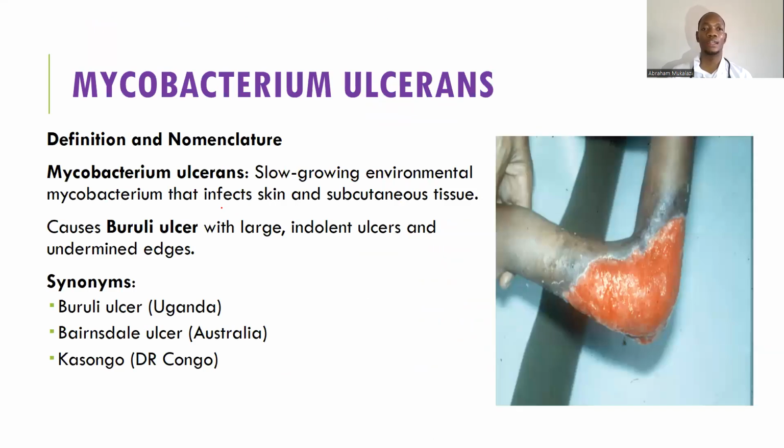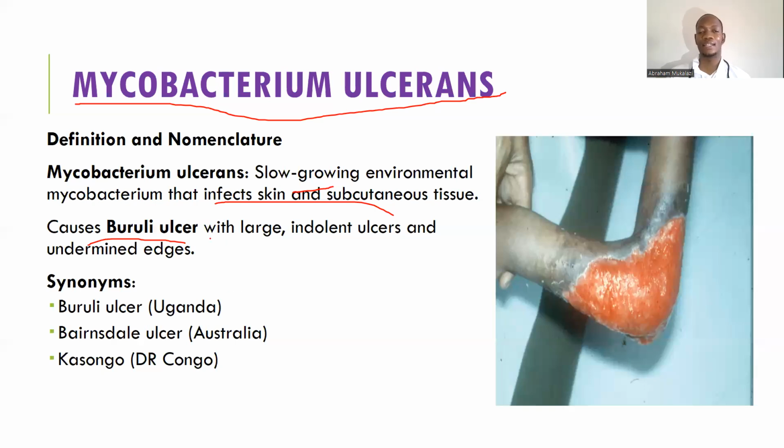To start with, we have Mycobacterium ulcerans, which is typically common and causes an ulcer we call the Buruli ulcer. Buruli is a place in Uganda, where it was also described. It is a slow-growing bacteria that loves more tropical environments, and it infects the skin and subcutaneous tissue, giving chronic non-healing ulcers.